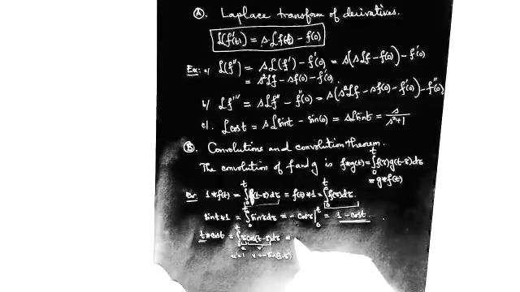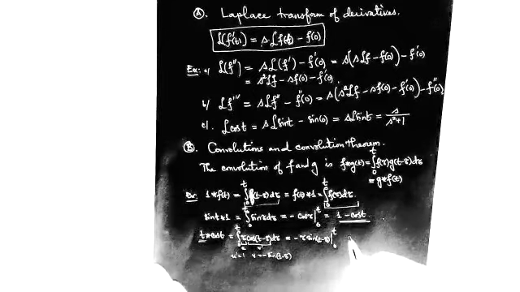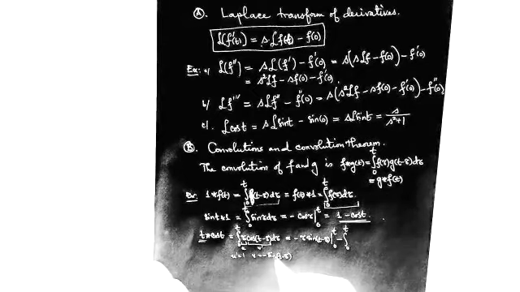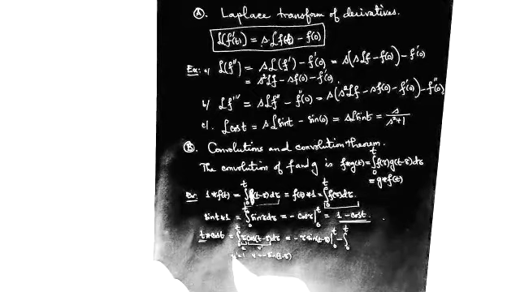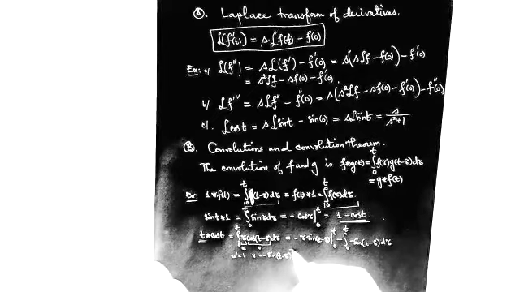So you get negative tau sine of t minus tau from 0 to t, minus the integral from 0 to t of 1 and minus sine of t minus tau d tau.